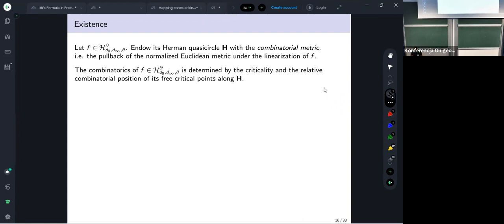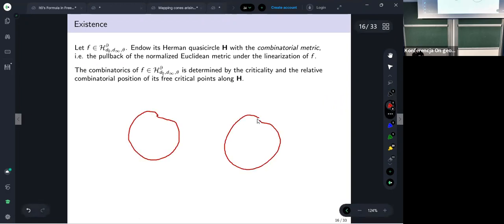And then the criticality over here has a slight subtlety. If I have a Herman quasicircle like this, and suppose I have just one critical point over here, and then maybe the pre-images are going to be like that. So this is degree 5. It has different combinatorics compared to this one.